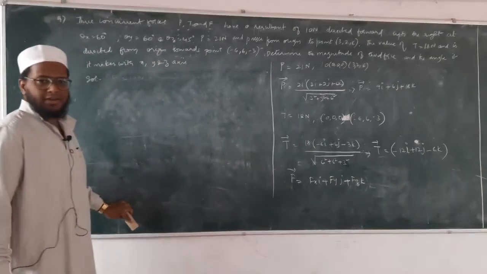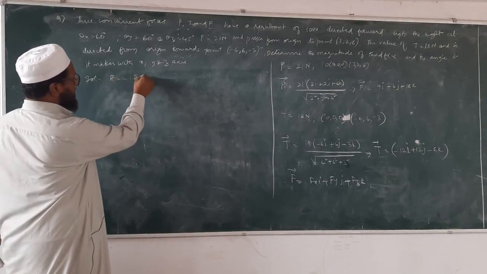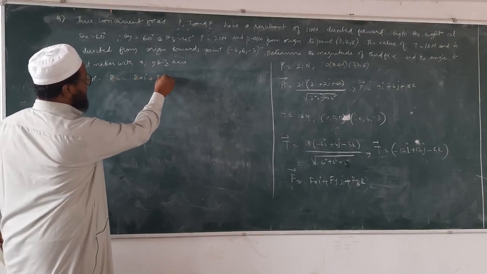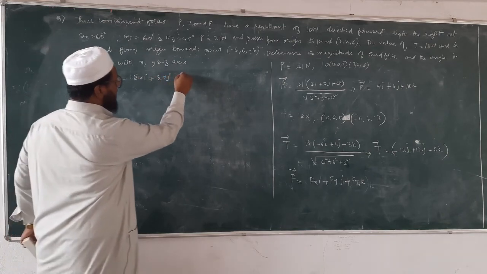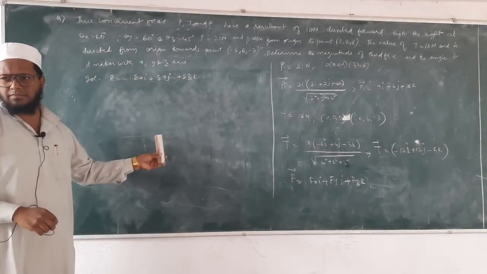Now we will calculate our resultant. Resultant is equal to sigma x i plus sigma y j plus sigma z k, right? Yes.